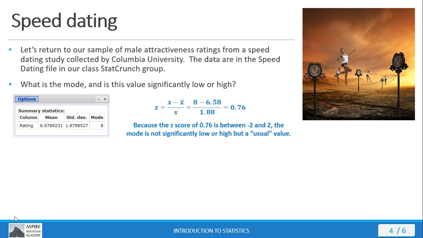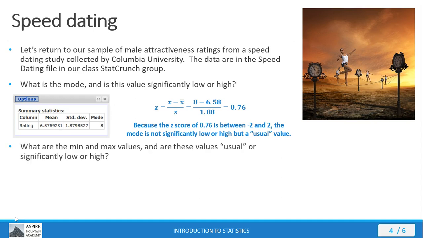Now, what are the min and max values, and are these values usual or significantly low or high? Again, pause the video, go into StatCrunch to get your answers. I'll be here when you get back. Well, your results window should look something like this. If it doesn't, get back into StatCrunch, try again until it does.